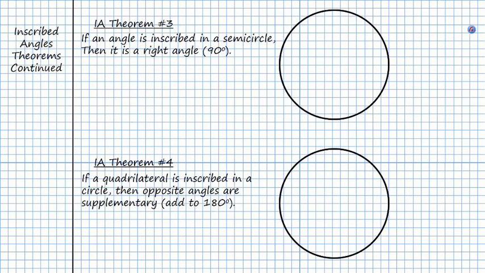If we're inscribing it on a semicircle, which means that we take a diameter and then my angle will connect right here, like so, then it'll make a 90-degree angle. And that makes sense because this is a 180-degree arc, right? A semicircle is half a circle, and half a circle is going to be 180 degrees because the whole thing is 360. So half of 180, this is a natural consequence of our other theorems, will make a 90-degree angle.